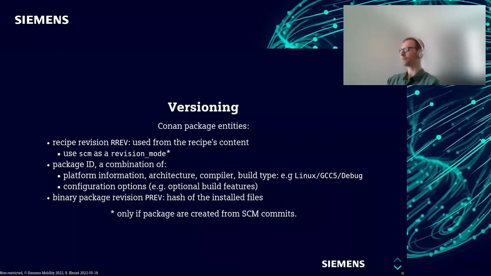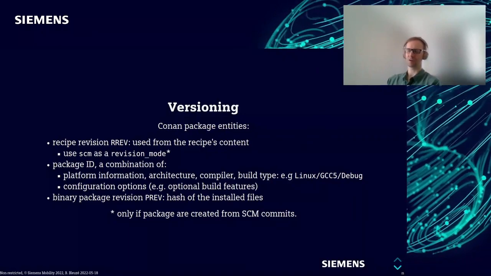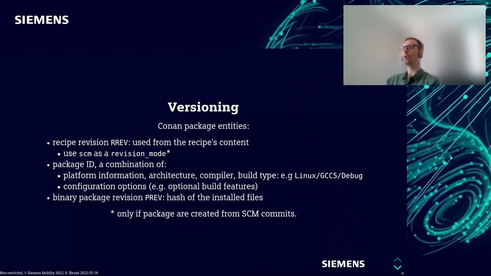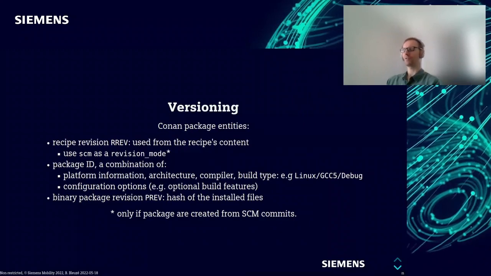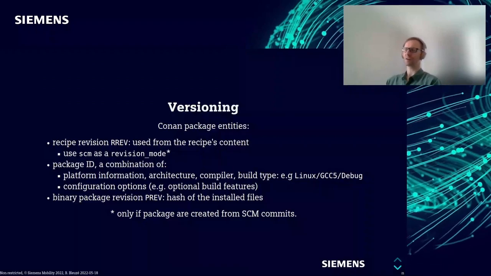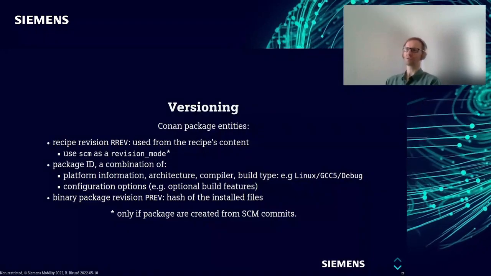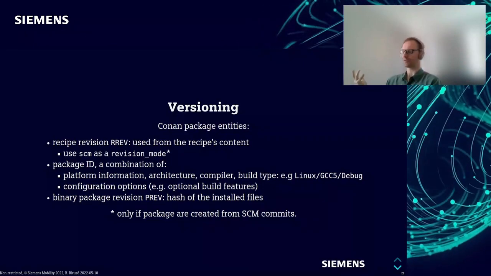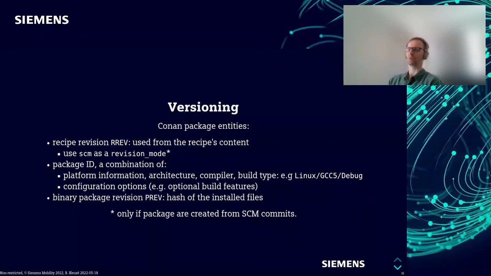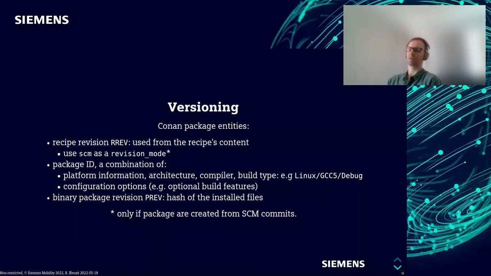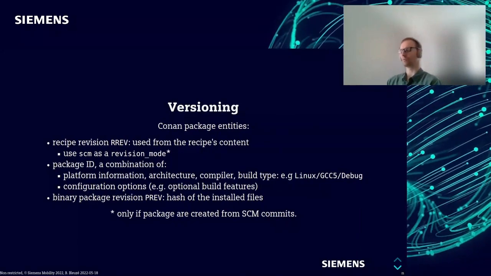You're not doing it with unstaged files. You're just doing it from a known and shared state of the code, right? And the side benefit there is that when you look at this revision, you can directly identify it with a version of your code, because it's a Git hash, and that is easy for you to retrieve.